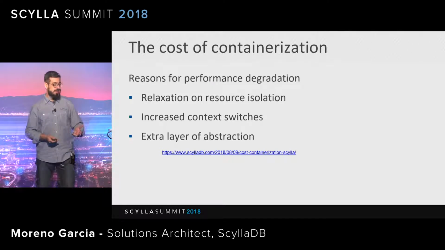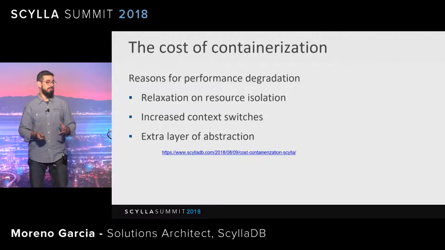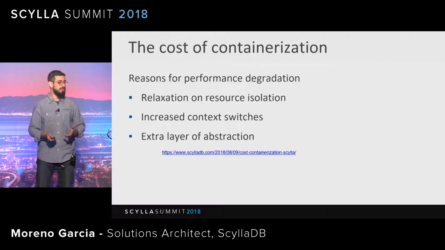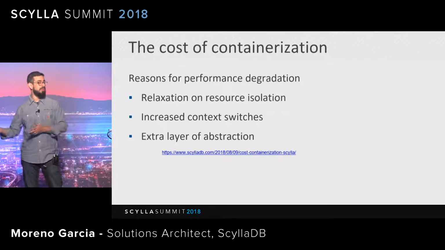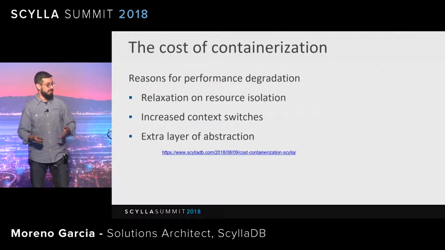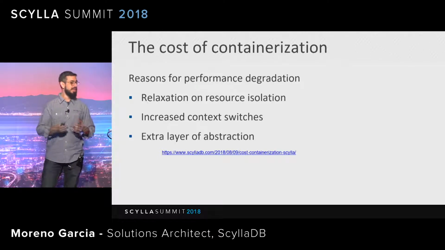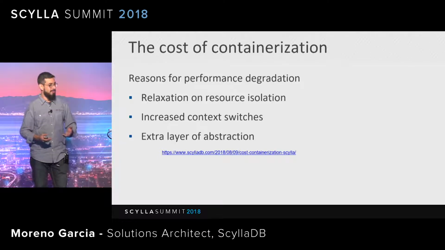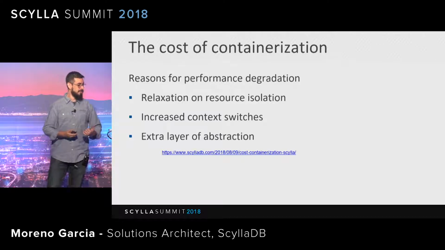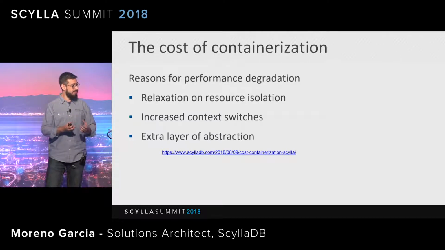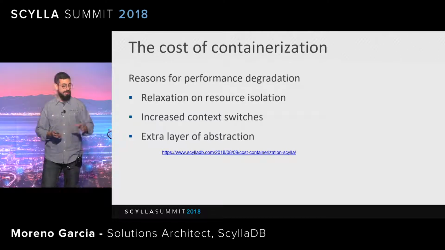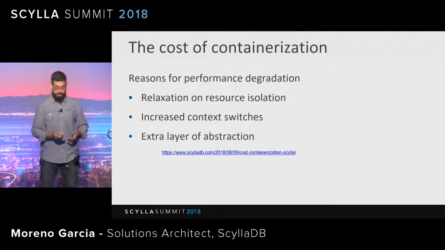I mentioned context switches, and think about it, it's just like what we had with virtual machines. You have another layer of abstraction. Of course, containers have a lot less abstraction than we have with VMs, but there are still some things that are there and they are consuming resources, right?